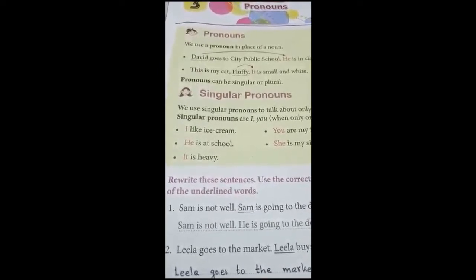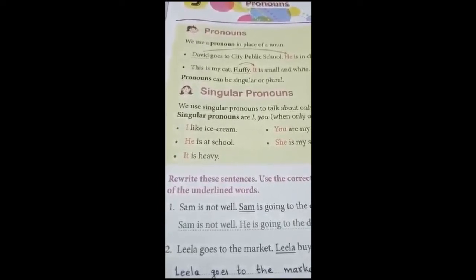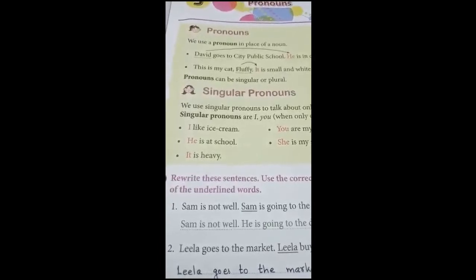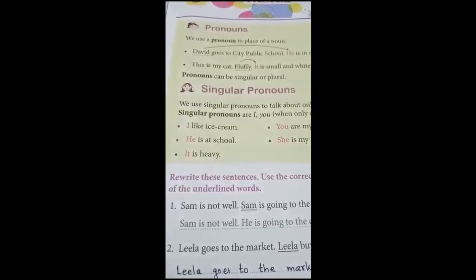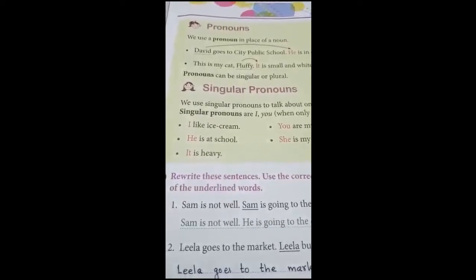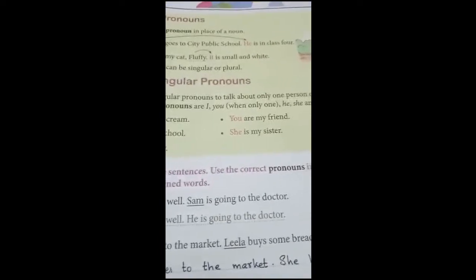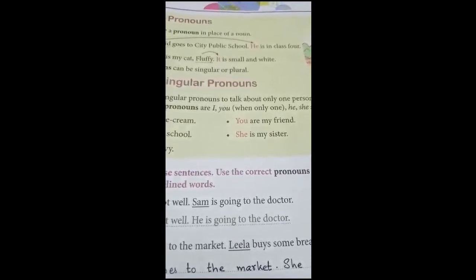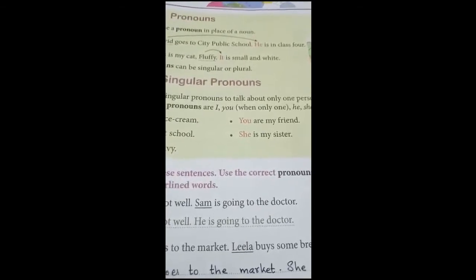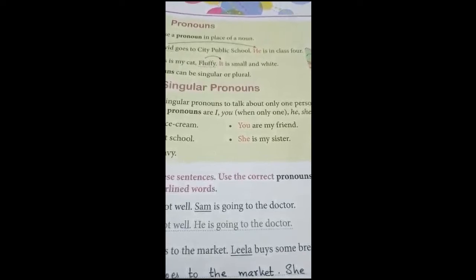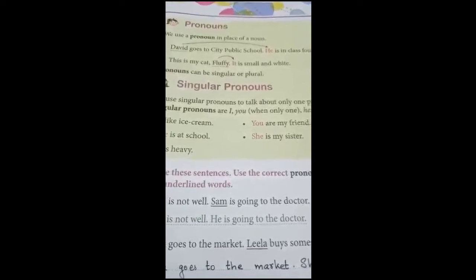He is at school. He is also one person. It is heavy. It is also singular. You are my friend. Here you means there is one person whom I'm talking to, so it is used as a singular pronoun.